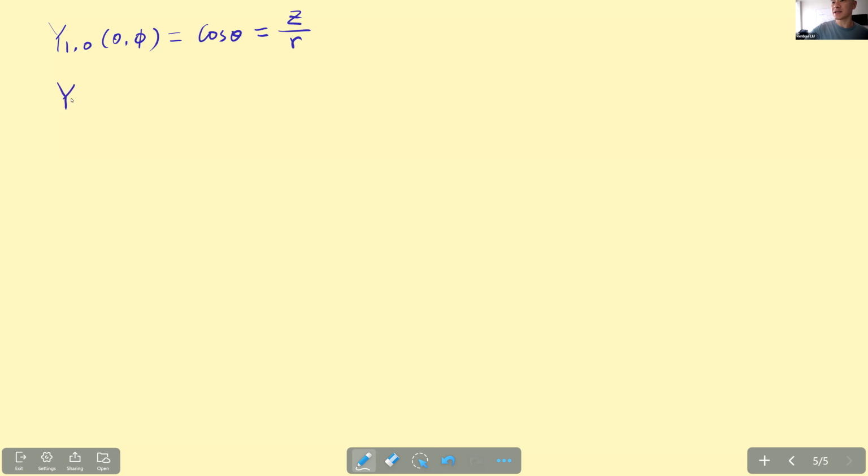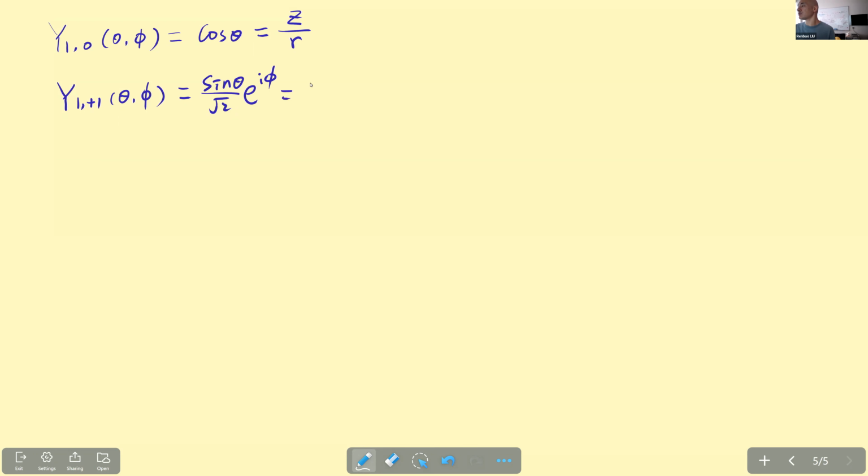And if you look at Y_1^1(theta, phi), that equals sin theta divided by square root of 2, times e to the i phi.